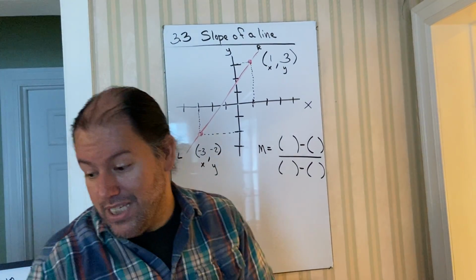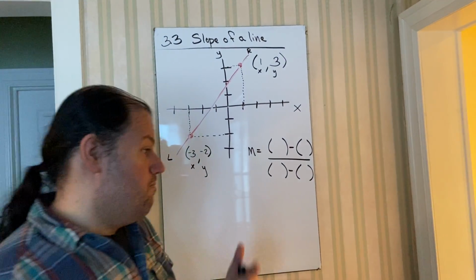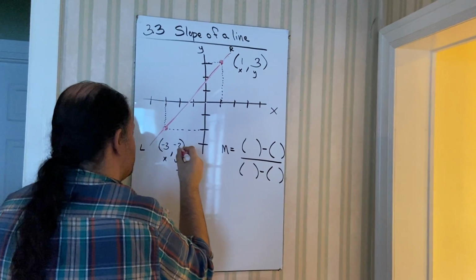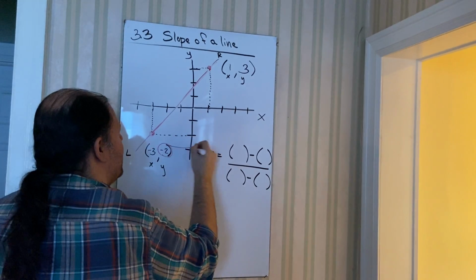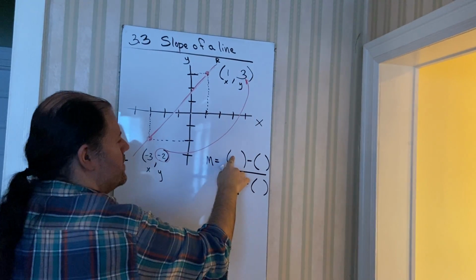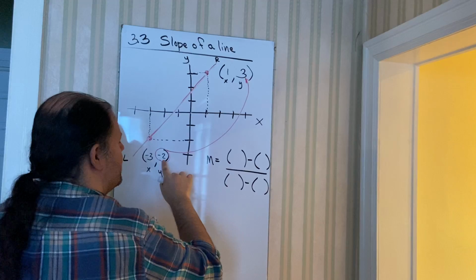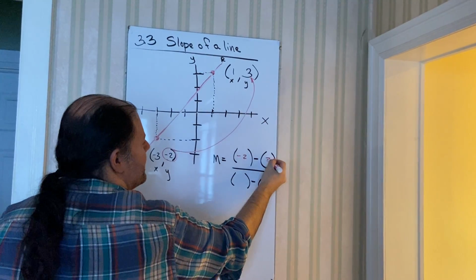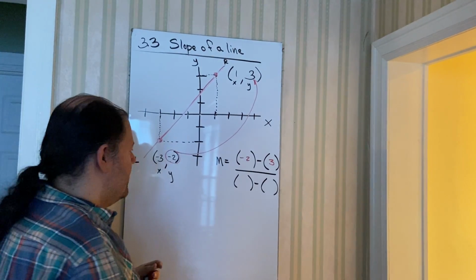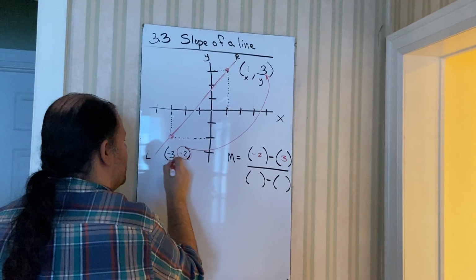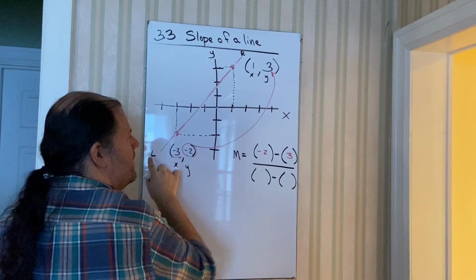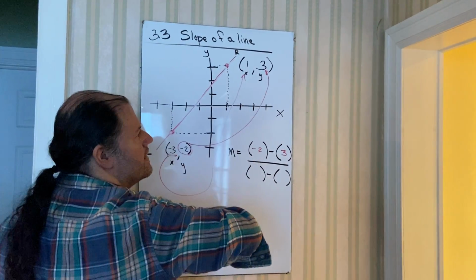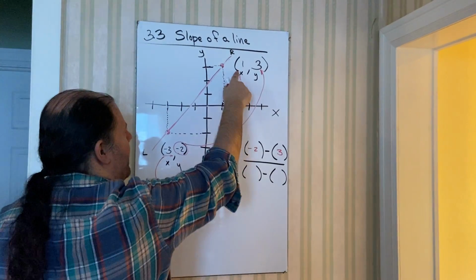Remember, I said just pick a direction. So, if I read my line going left to right, then I'll say I start here and I end here. So start, remember, y's first. Negative 2. Remember, the other y, where I end it. 3. Let's do the same thing for x's. I start over here because I read from left to right, and I end at this dot. So x to x.